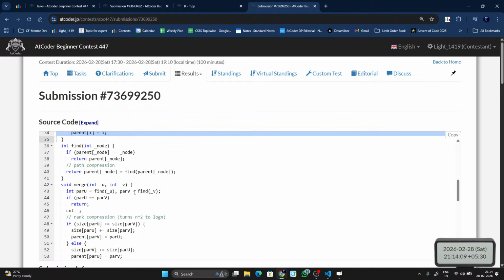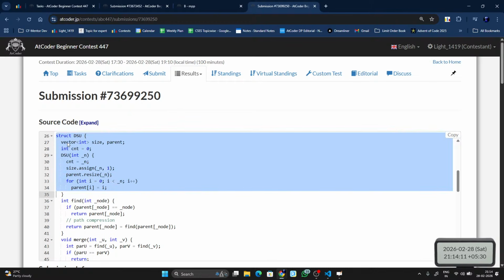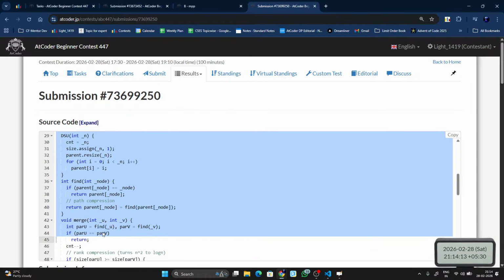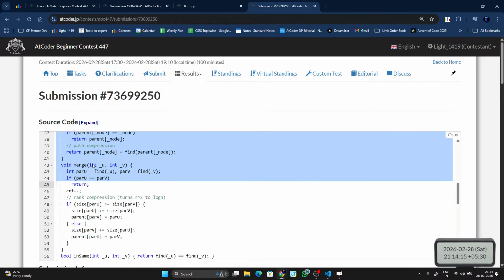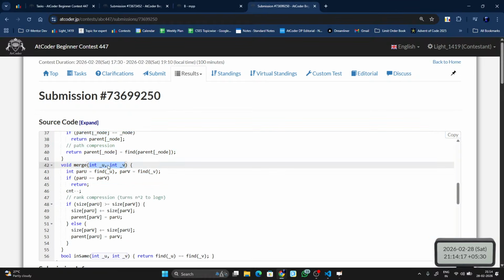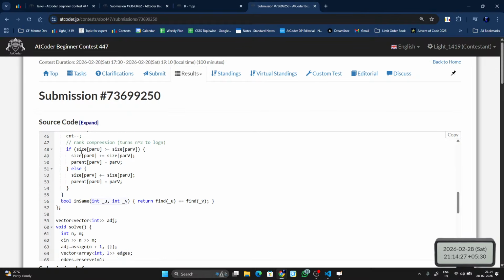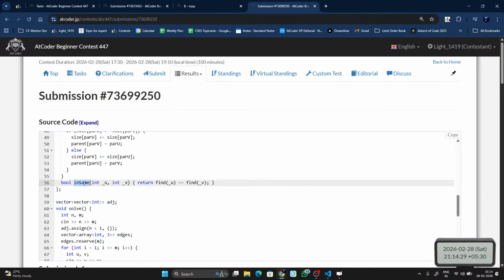So this is my DSU. Let's understand this at a high level. DSU has two important functions: merge two nodes, if they lie in different components, into a single component, and it can also tell us whether two nodes lie in the same component or not.